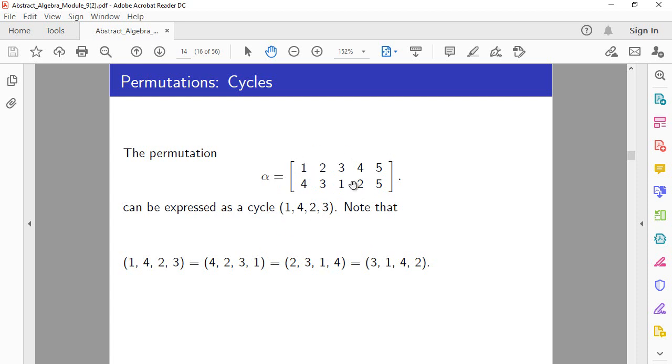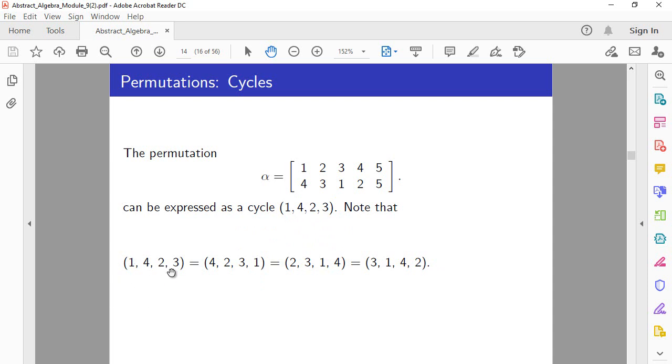So alpha can be expressed as a cycle in this way: 1 goes to 4, 4 goes to 2, 2 goes to 3, 3 goes back to 1. And notice that this cycle can be expressed in 4 different ways.